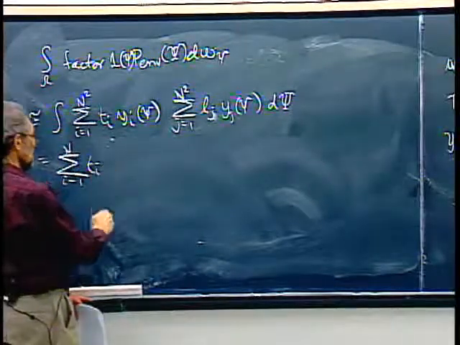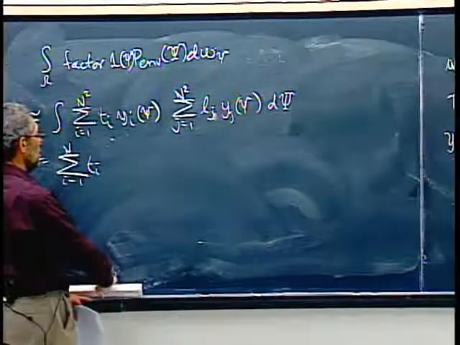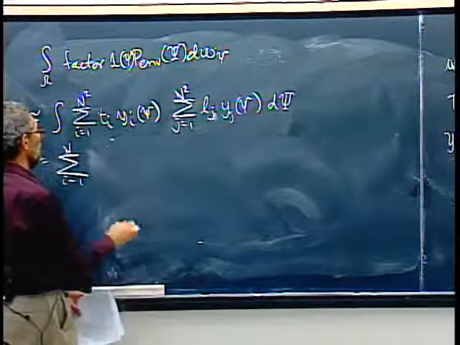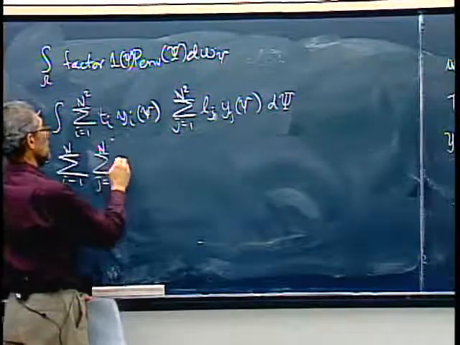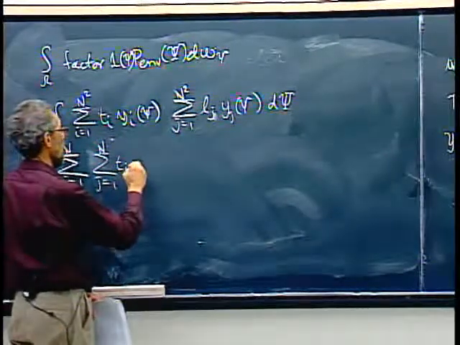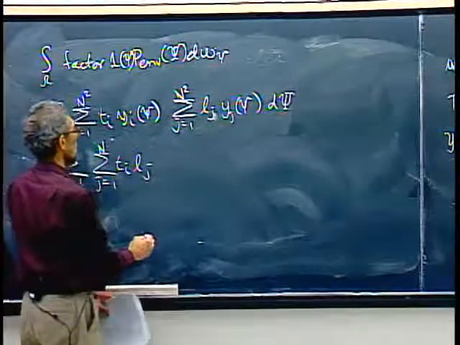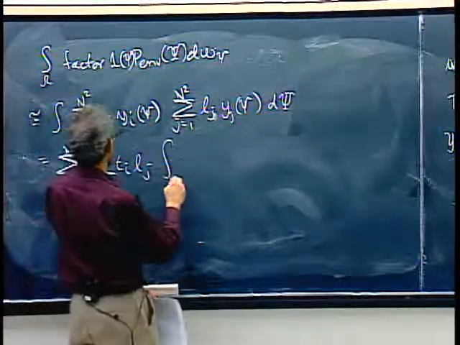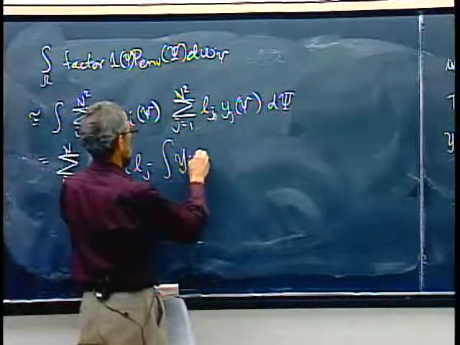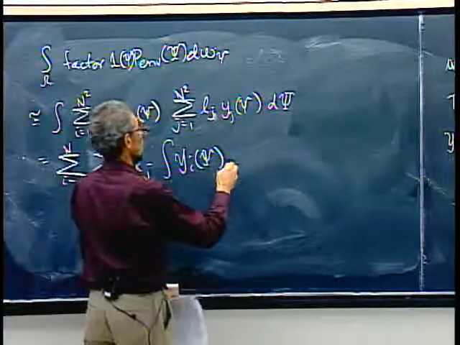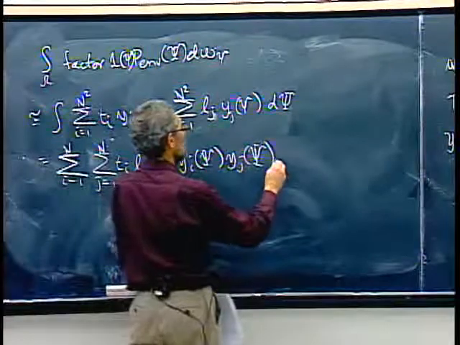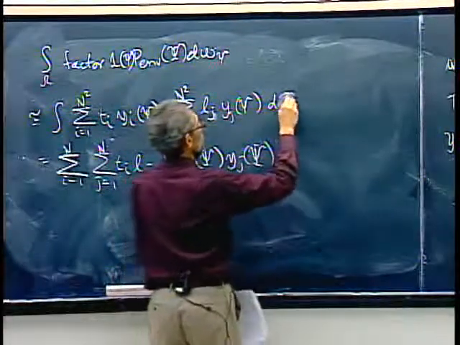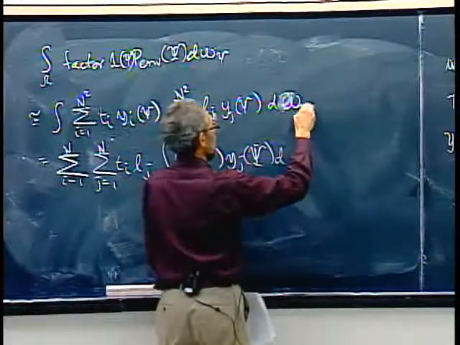Maybe I'll make a double sum first: sum over i, j equals 1 to n squared of t_i L_j, and then the integral of Y_i of psi Y_j of psi d, I guess in the book they call this d omega psi.